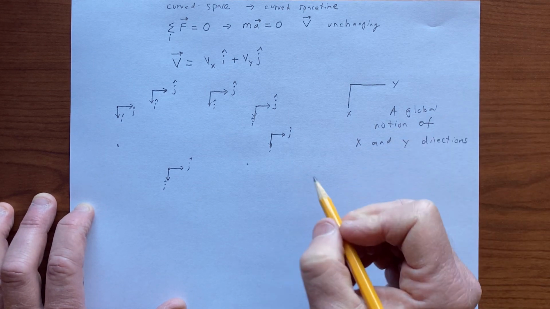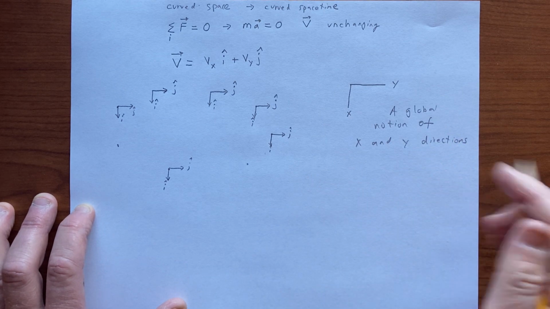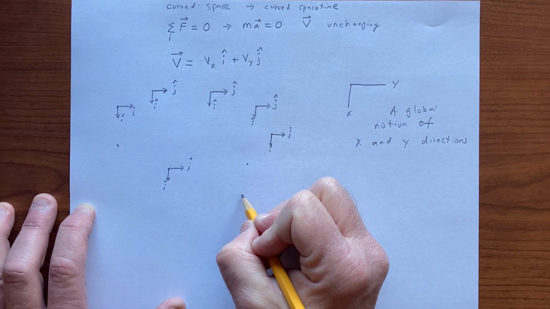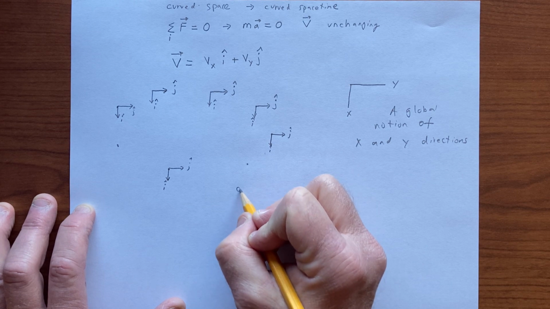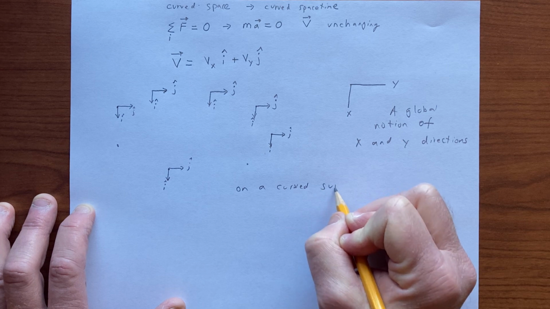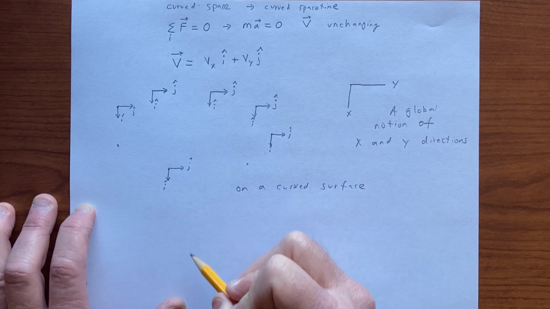And of course, all this applies to x, y, and z. But for simplicity, we want to explore this in two-dimensional spaces. On a curved surface, this all falls apart. So let's consider a sphere.